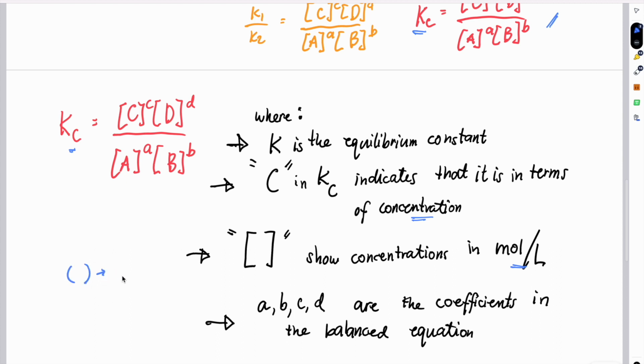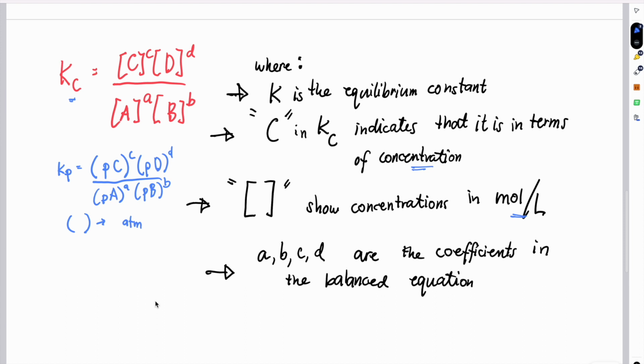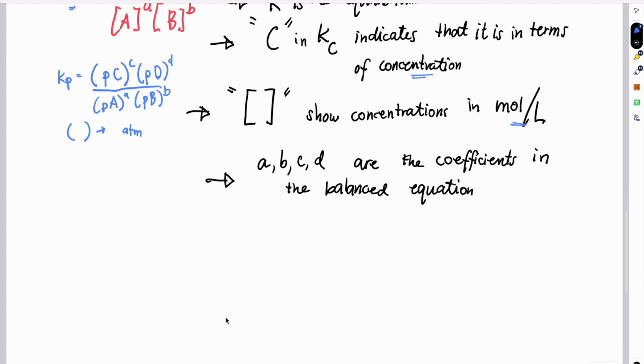Then you expect that the given is in pressure, in atmospheric pressure or atm. So notice the difference. If you have K sub P equal to, if the given is pressure, pressure of C raised to the power of c, pressure of D raised to the power of d over pressure of A raised to the power of a and pressure of B raised to the power of b. Okay? And small a, b, c, and d here are the coefficients in the balanced equation.